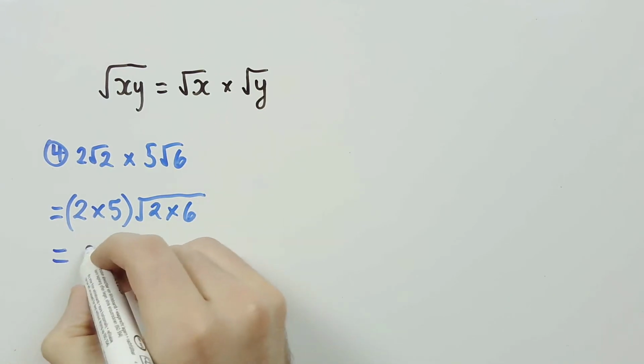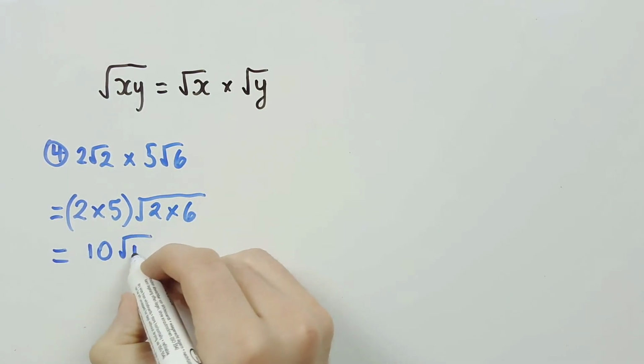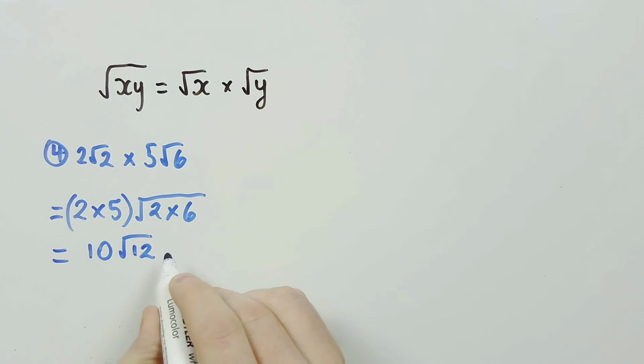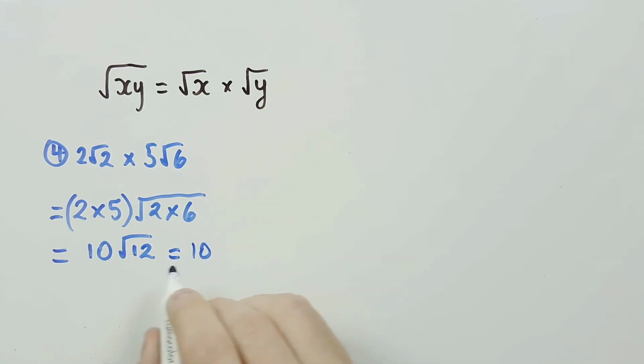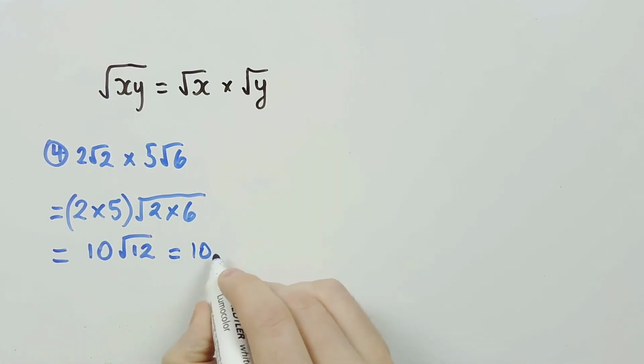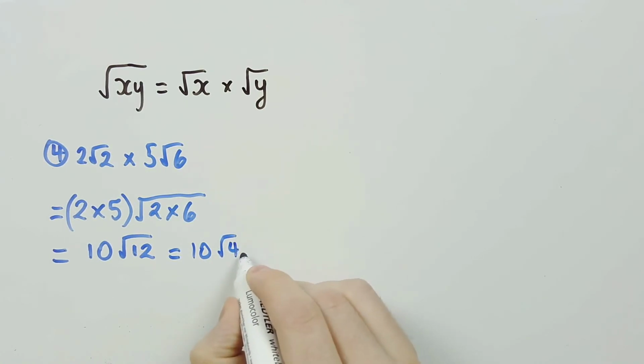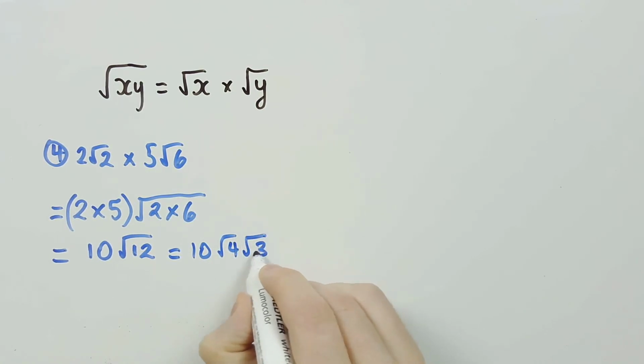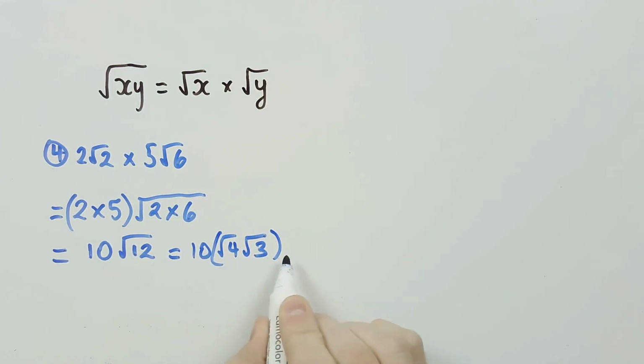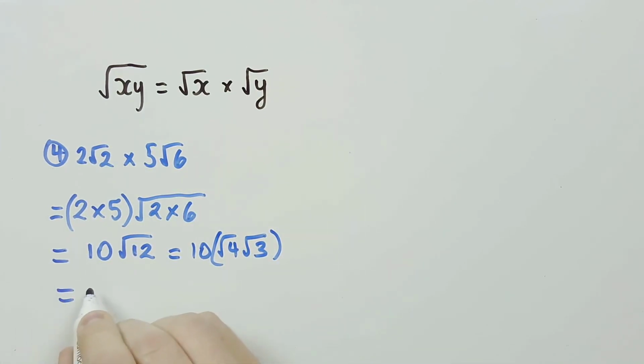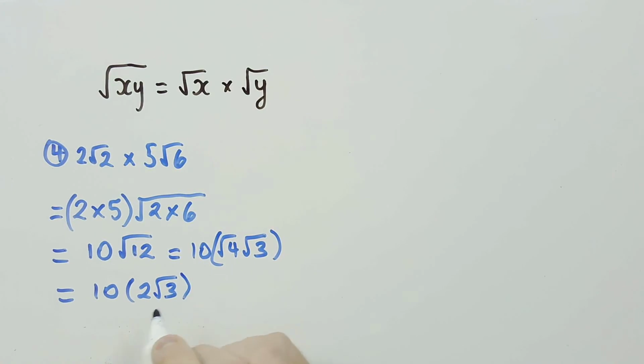And this gives us 10 on the outside, root 12, and then reducing root 12 in the same way we did before in the previous question, you should be able to see that we end up with 10 outside of root 4 times root 3, which gives us 10 outside of 2 root 3. And then multiplying the 10 through, we're left with 20 root 3 as our solution.